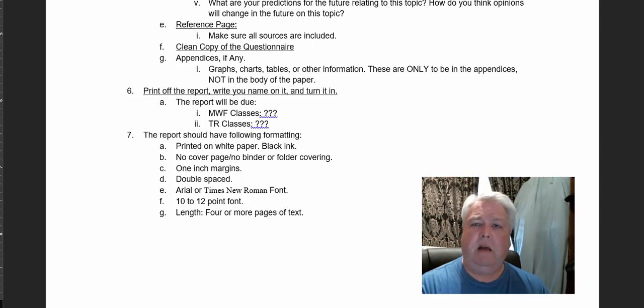Just clean it up, make sure it looks nice. It's not that you're going to specifically lose points for that, but honestly, when I'm reading it, in this day and age, when the computer tells you when something is spelled wrong, and you still don't change it, it really makes you look like you're half-assing it.